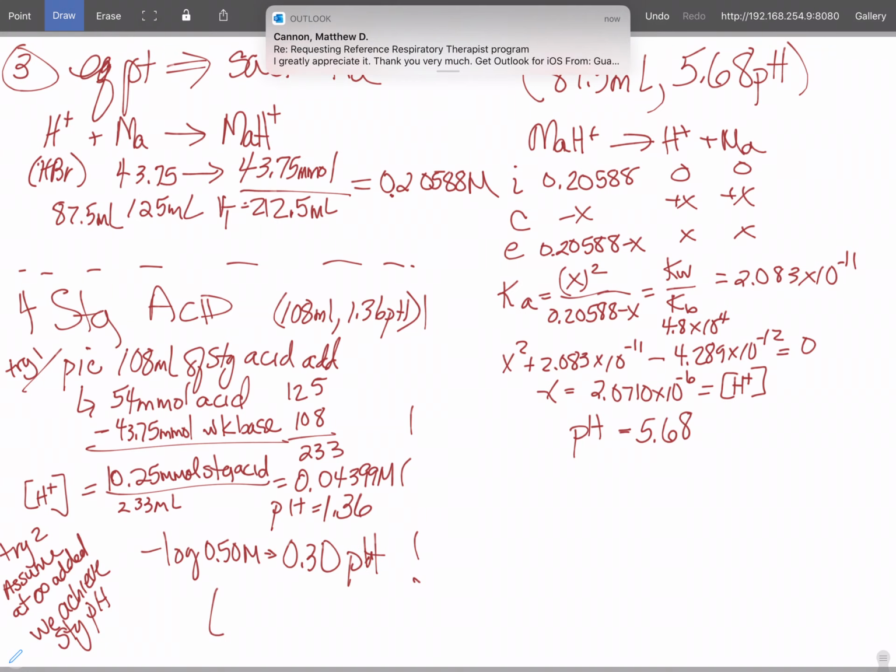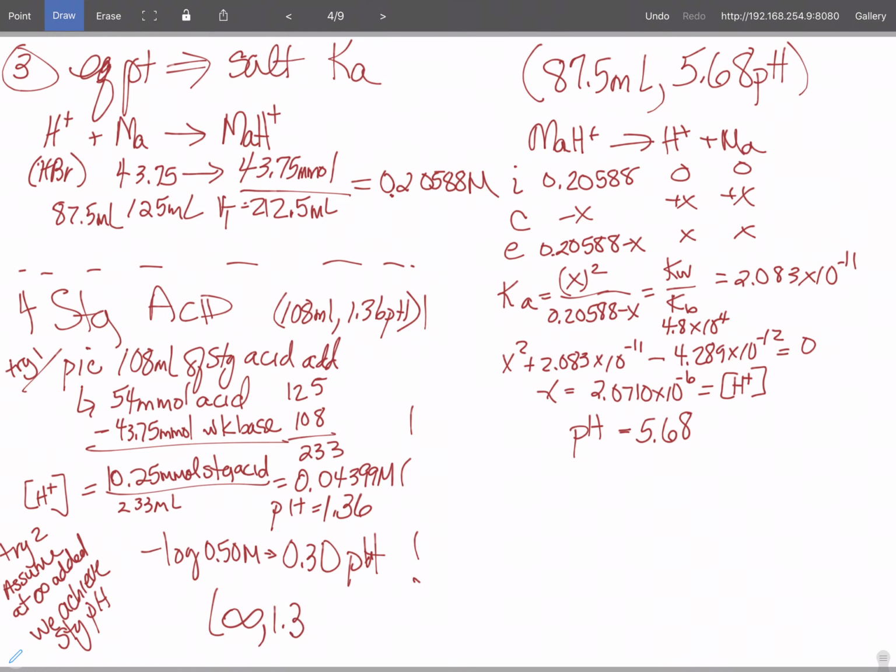So this point would be infinity versus 1. Whoops, that was the previous one. 0.30 pH. Okay, so the bottom line is that 1.36 versus 0.30, they're both pretty strong.